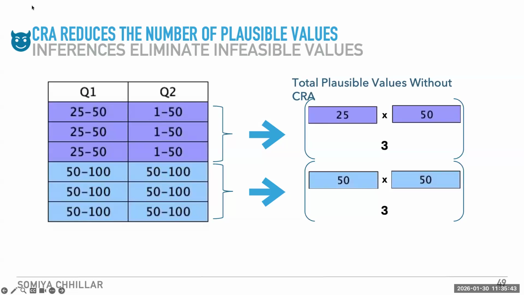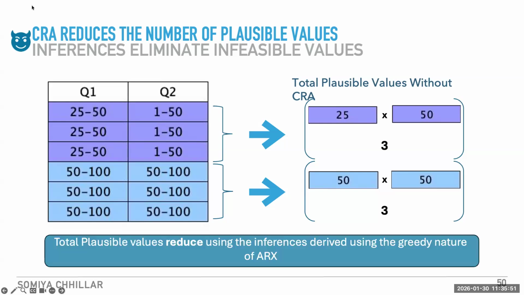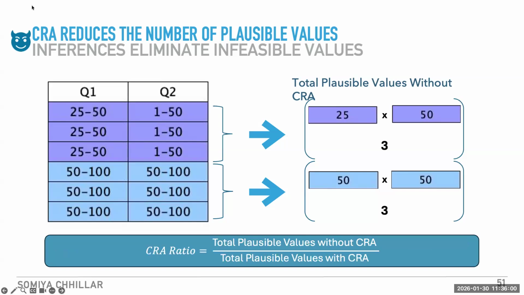And similarly, for the second equivalence class, this value is 50 times 50, choose 3. And using linear programming, we can significantly reduce the number of these plausible values.